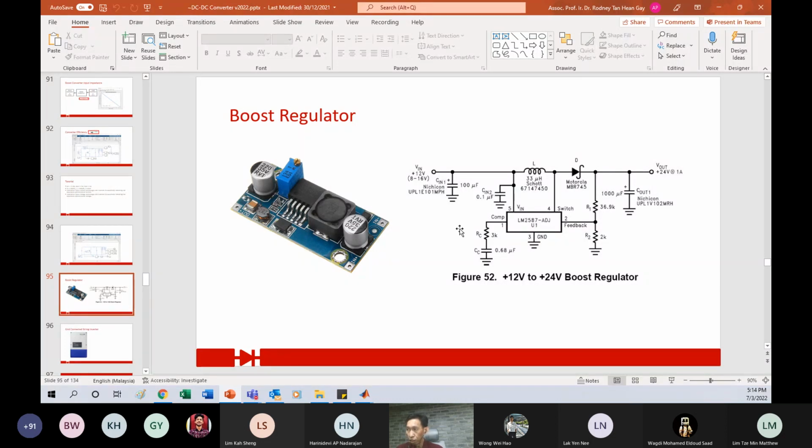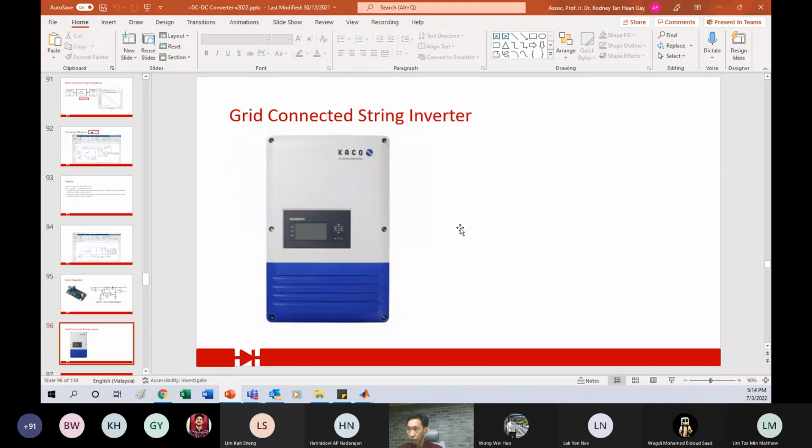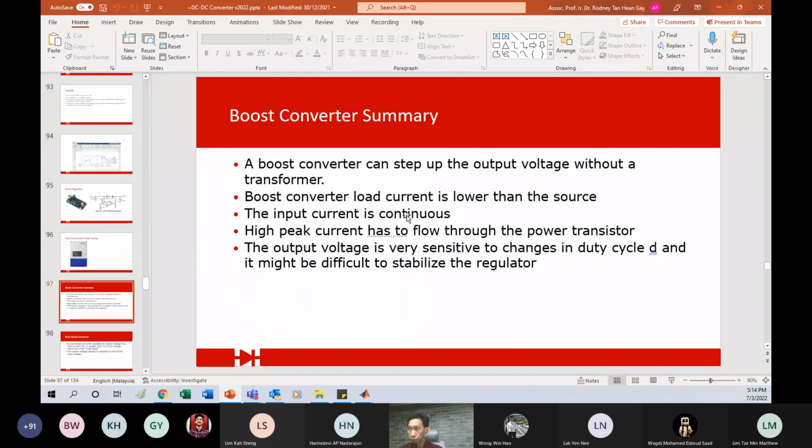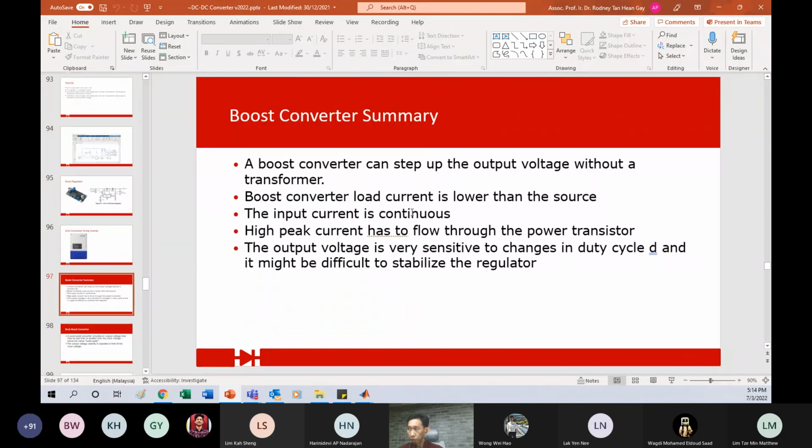Boost converters are also widely used in grid inverters, where the front end has MPPT to track the maximum power. So, boost summary: it can step up the voltage without using a transformer.